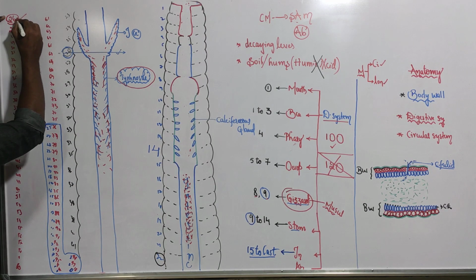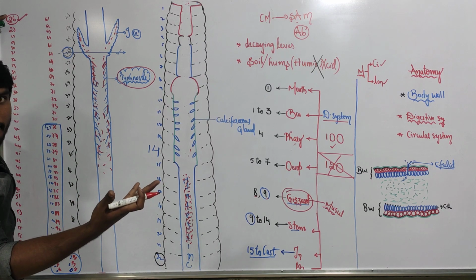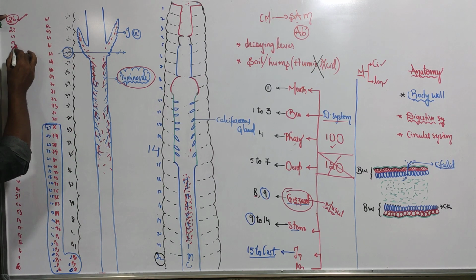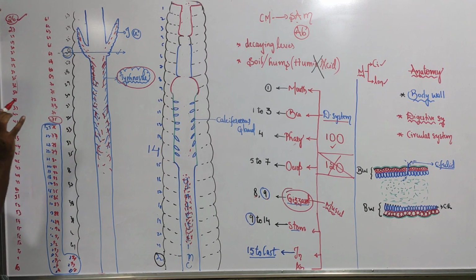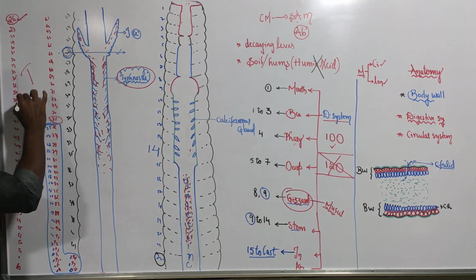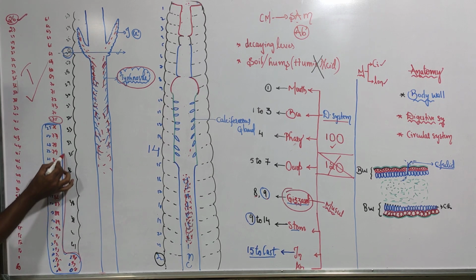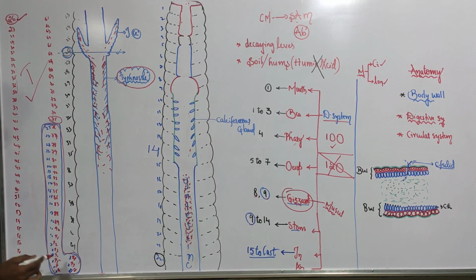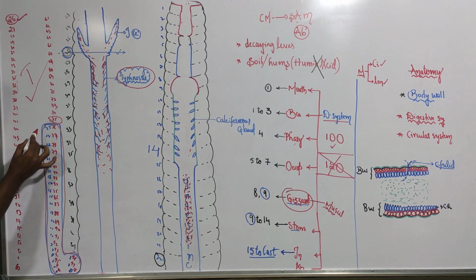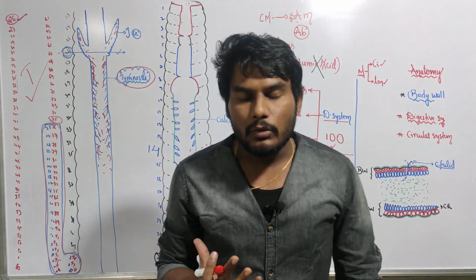It is present from the 26th segment up to the 75th segment. So in the last 25 segments of the earthworm intestine, typhlosole is absent. So be careful.